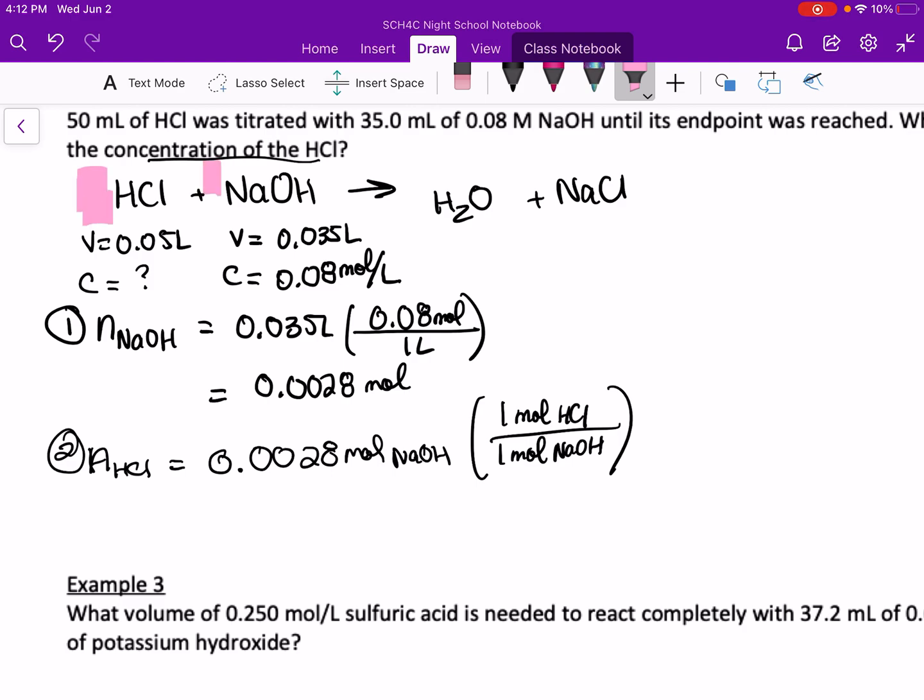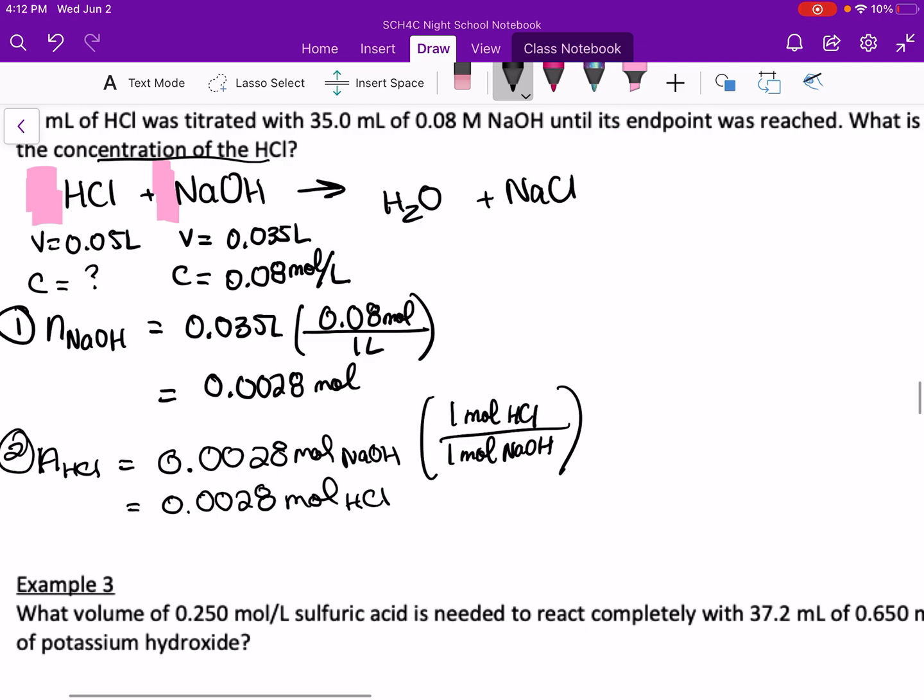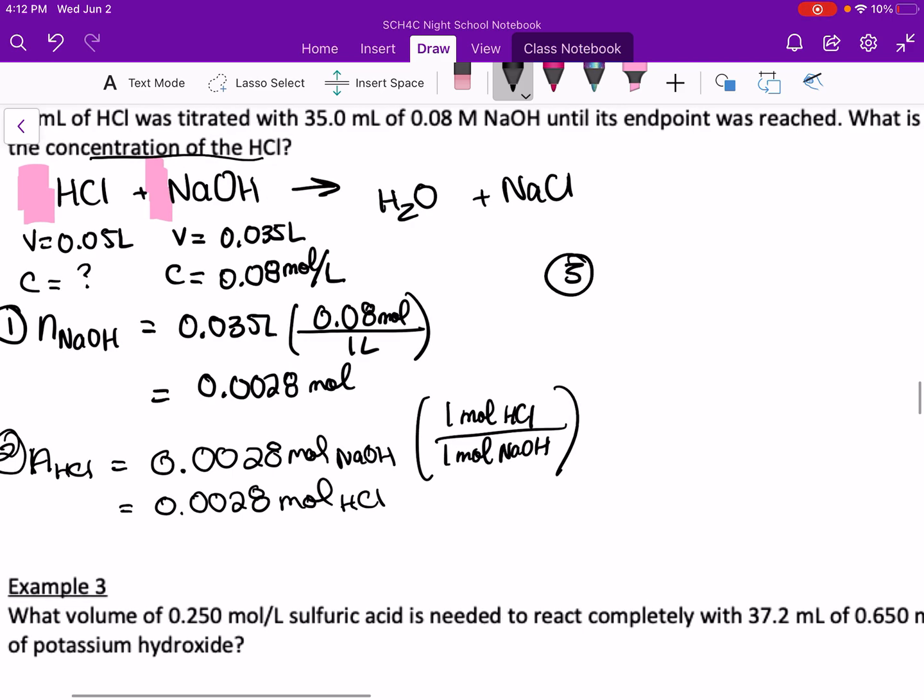That's from our balanced equation here. It's a 1-to-1 ratio. That means that my moles of HCl will be 0.0028 moles of HCl. Now that I have my moles, I'm going to use this to find my concentration based on the volume that was given to me in the question.